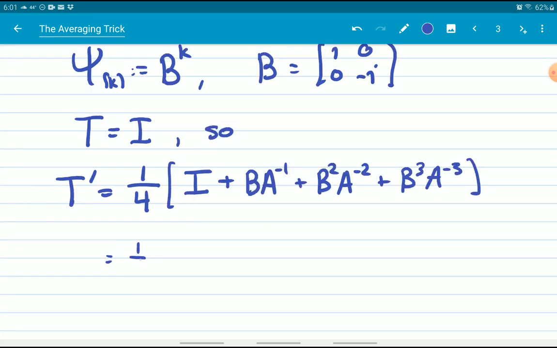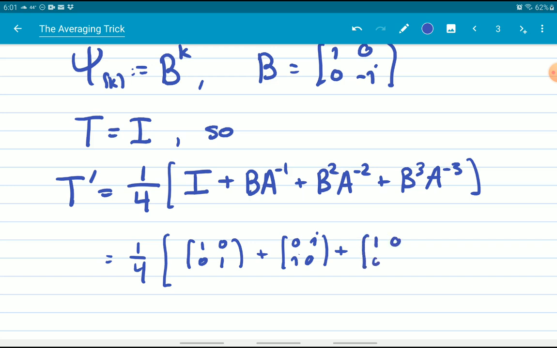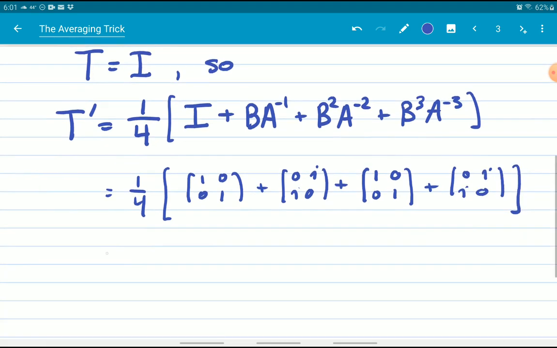So when I work this out, I'm going to get identity, and then 0, i, 0, and then identity again, it turns out, and then another 0, i, 0. So there's my matrix which describes a morphism.